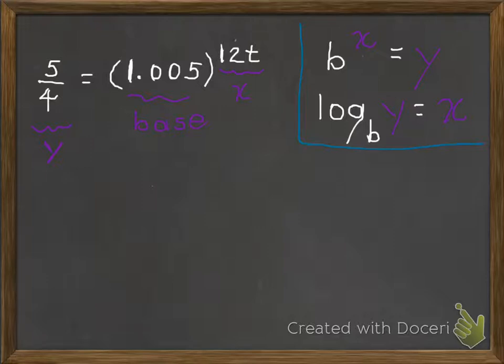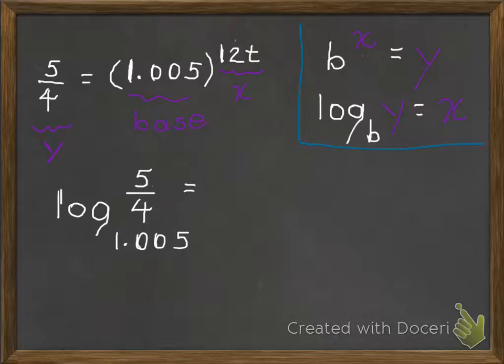We keep the base, we write log base 1.005 of, now the y, which was alone, is now not going to be alone. The y is 5/4, it's going to go here.